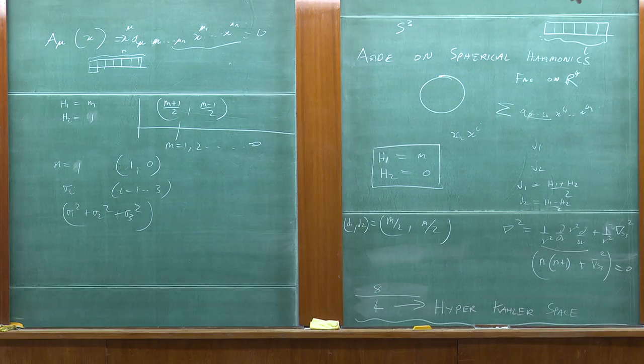Okay, so this was the way that Atiyah and Hitchin started. They wrote down an ansatz for the metric in terms of these one forms. That ansatz now is guaranteed to have SU2 isometry. Then they put in all the other conditions that they had.